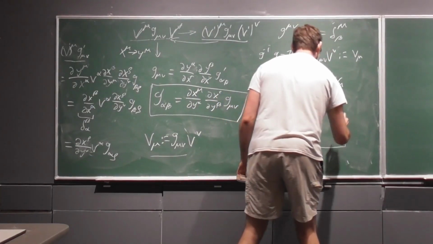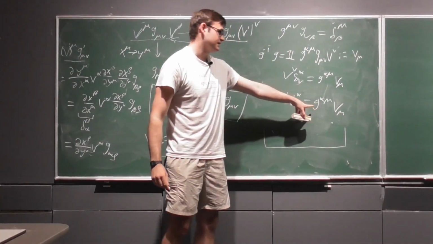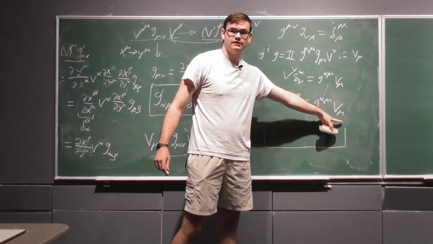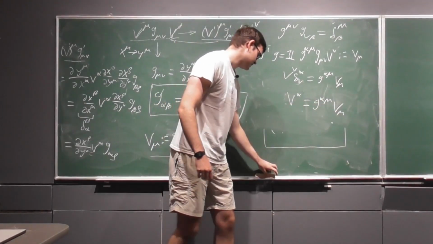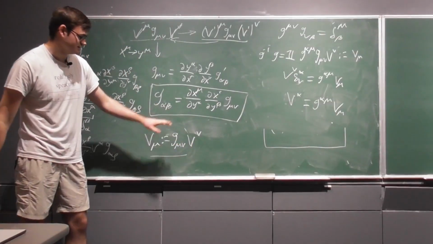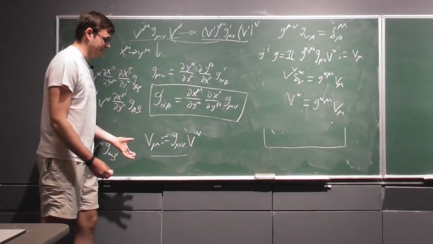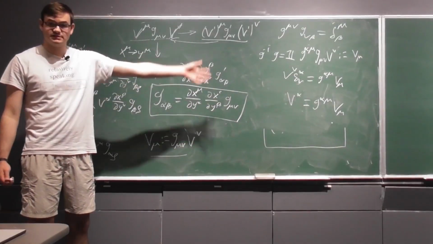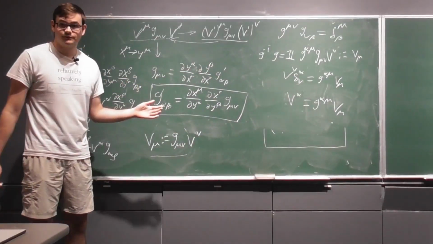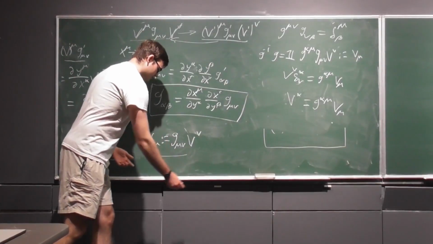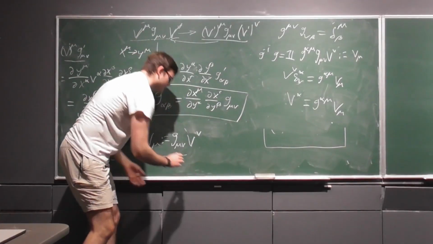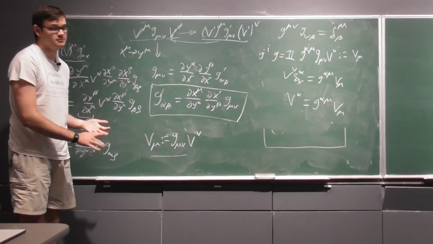And there's mu. Okay, so what this tells me is that the inverse metric applied to my lower index gives me an upper index. So this is what I mean when I say I can toss around my metric, and it will raise and lower indices on vectors. You can apply all of this to tensors as well. So this is a very important object because it's going to allow me to raise and lower indices and manipulate expressions like that.